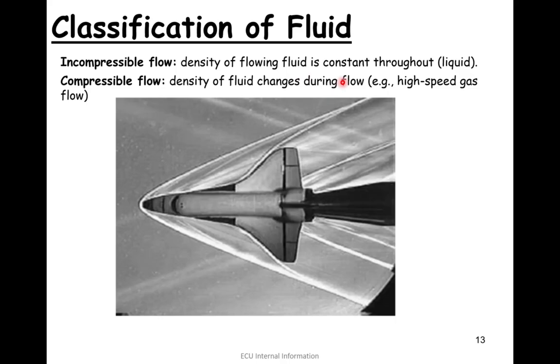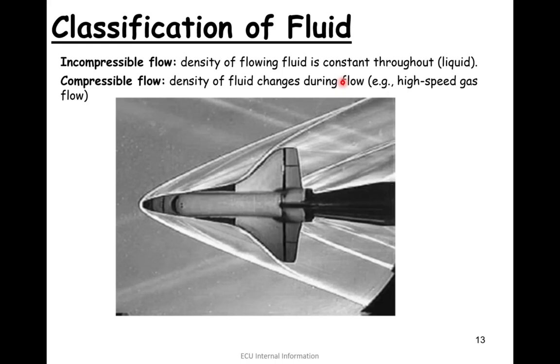For example, if we put water in a container and then push it down, it won't compress, like a liquid, for example, water. But if it is air, like a piston or air pump, you push it, you can see the flow is compressed. Then this is compressed flow.